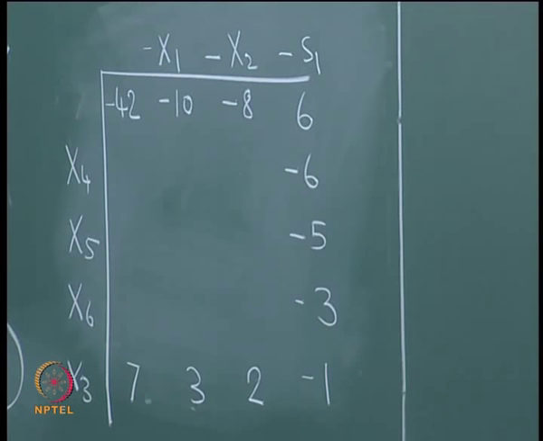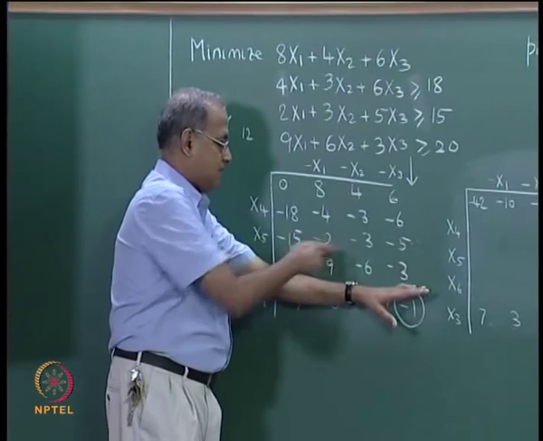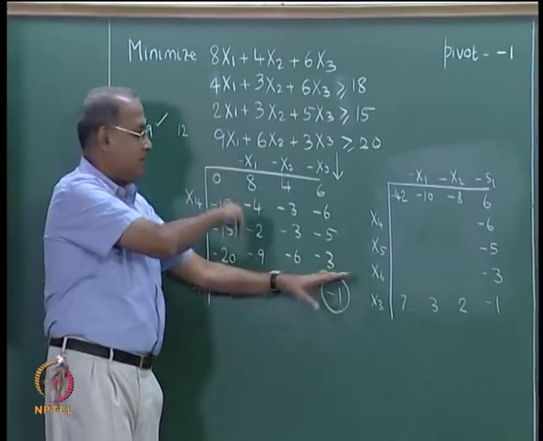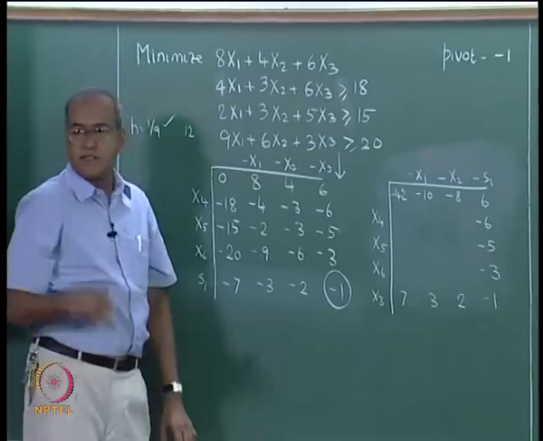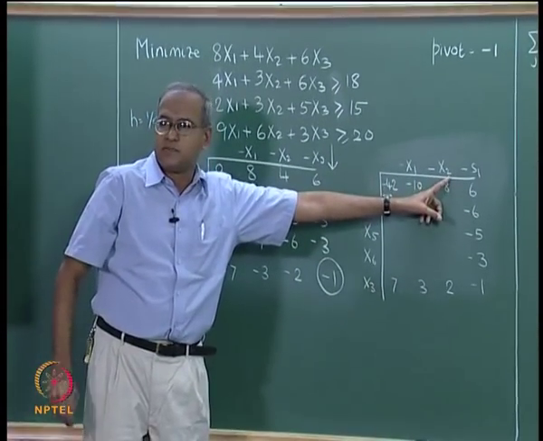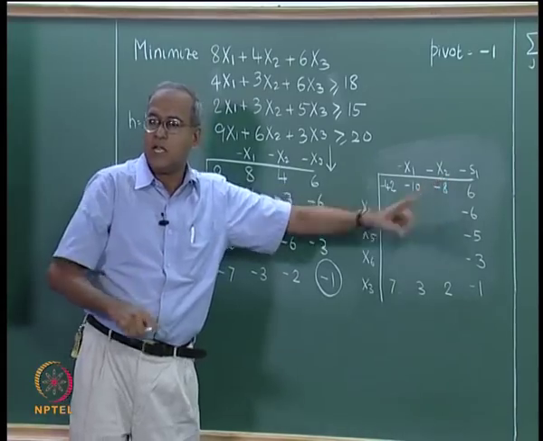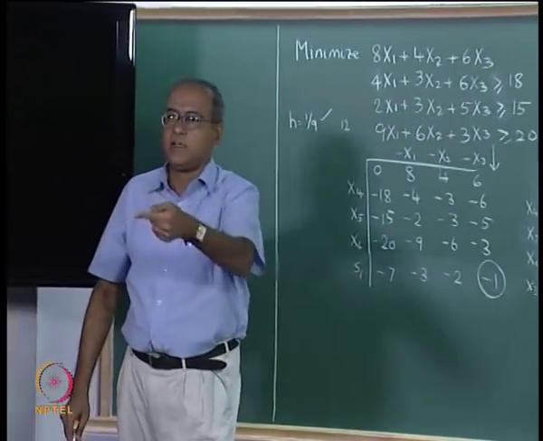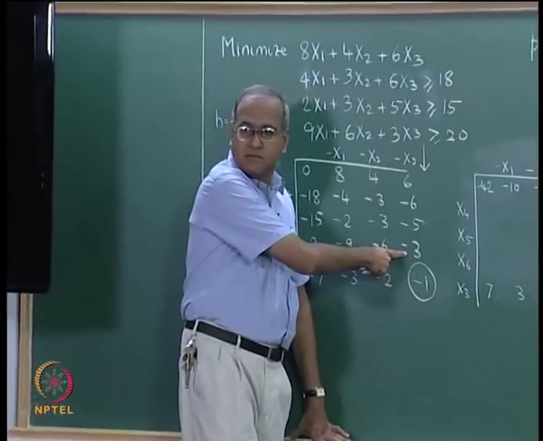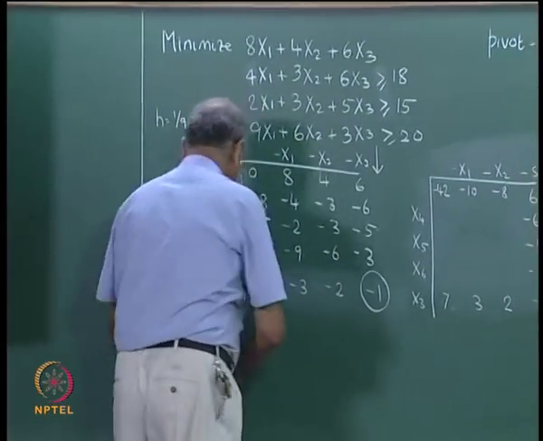So, pivoting on h equal to 1 by 3, which if we look at this, we pivoted on 1 by 9 and said it is acceptable, but pivoting on 1 by 3 is not acceptable because we lose the dual feasibility of this, which we do not want. It is a dual algorithm, we want to maintain the dual feasibility of this. So, we will not pivot on 1 by 3 here.